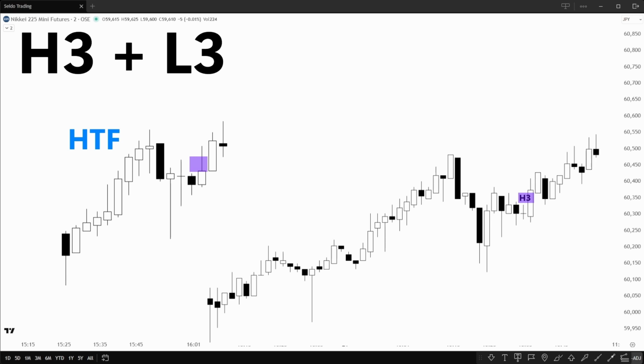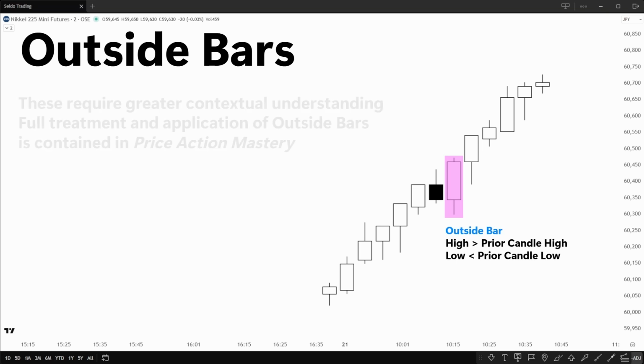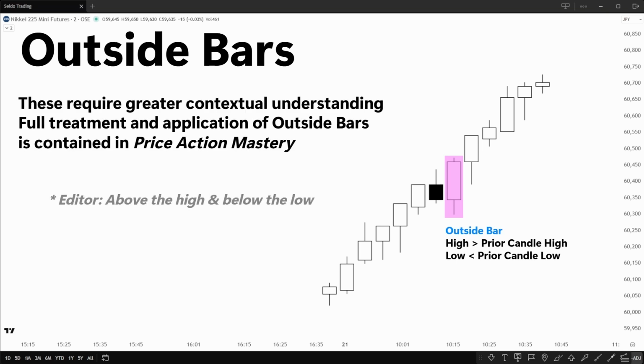So step back, move up, and read the market cycle from there. Outside bars, where the range of the candle is larger and above the high and the low of the prior candle, are a unique case within bar counting with their own set of rules. The full treatment of outside bars is in the Price Action Mastery course.